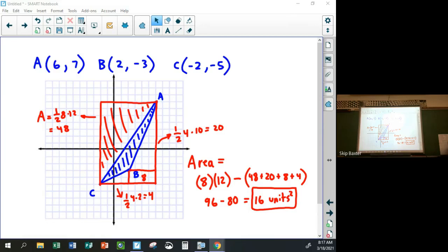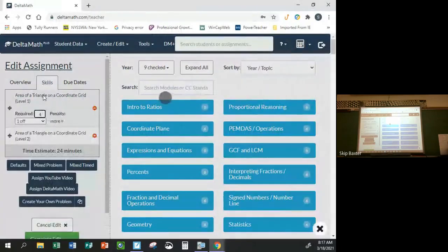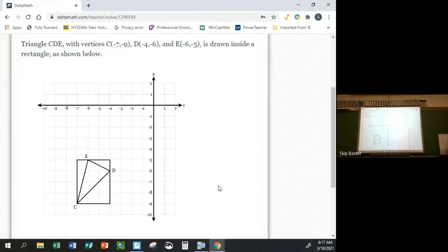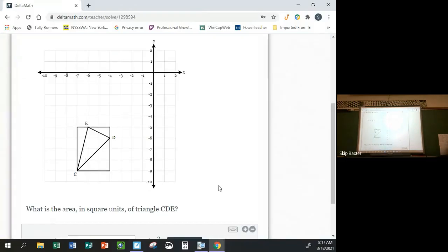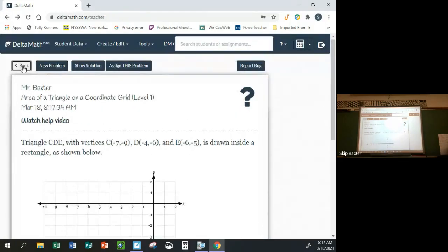Let's see. So this is the assignment right here. On this part of the assignment, they're giving you the rectangle that you want to use. But on the next part, I'm not sure, there's 2 sections of this.